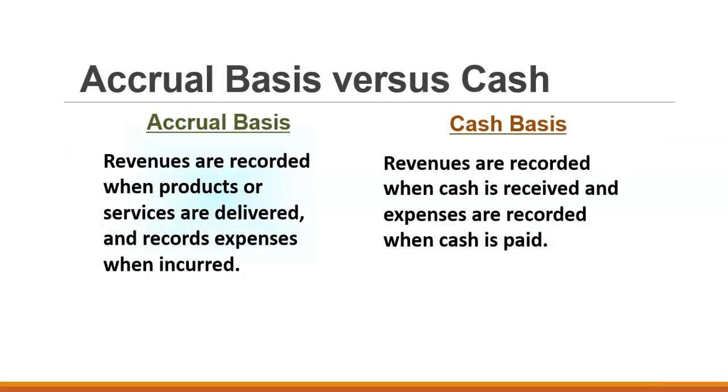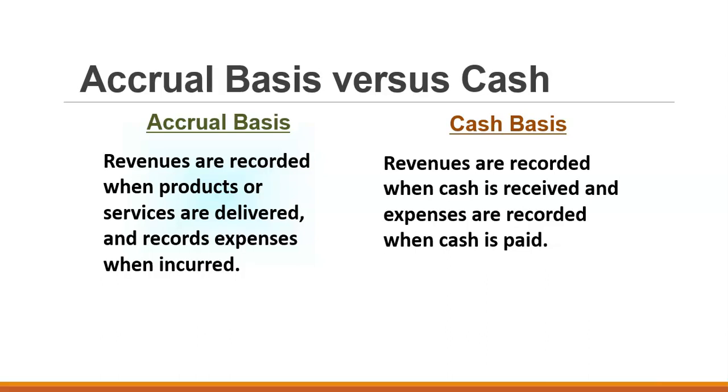So we have two different types of accounting. The accounting that this class focuses on is accrual basis accounting. And this is that revenues are recorded when products or services are delivered and expenses are recorded when they are incurred. We teach accrual basis accounting only in accounting classes because that is what is required for US GAAP.